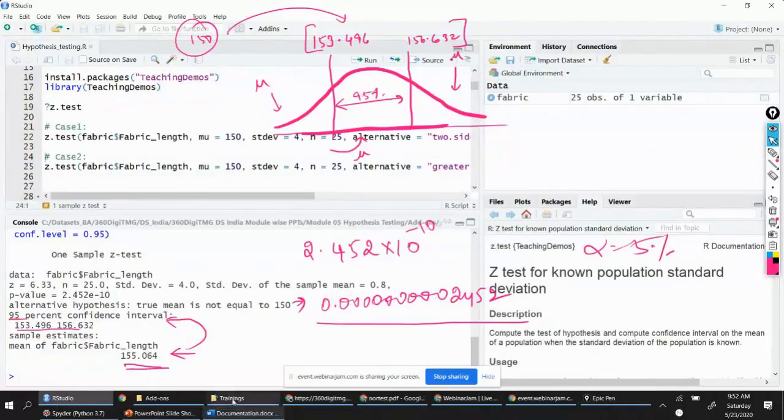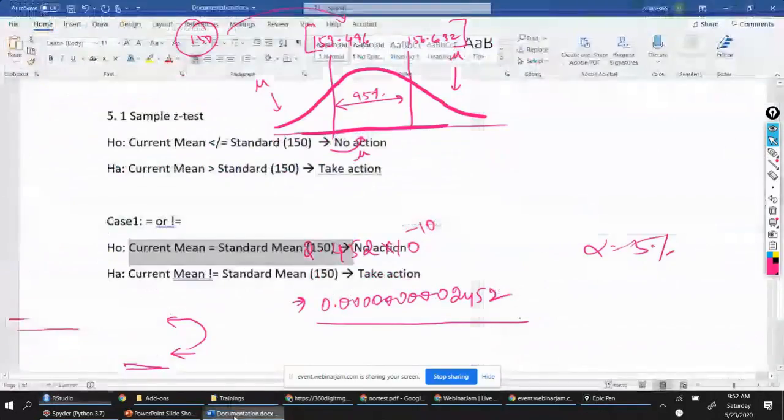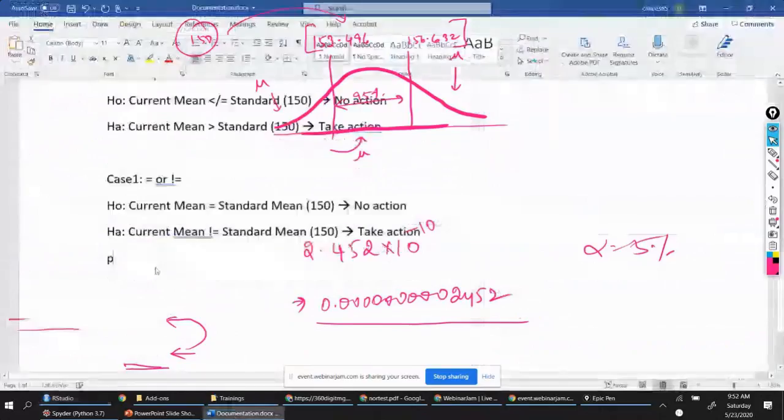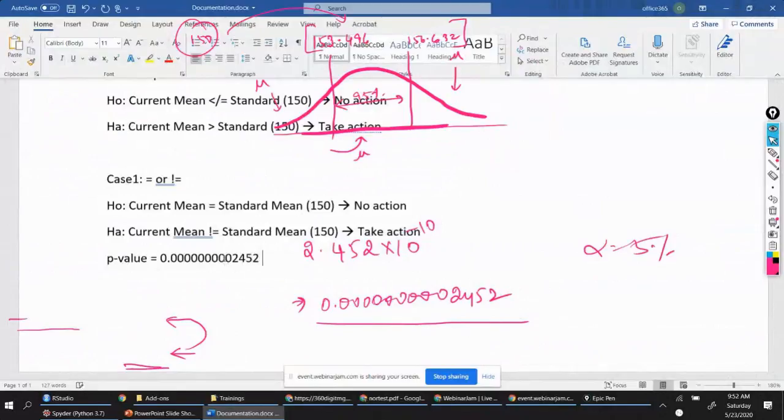So P low, null go. So if I have to go with that standard, the P value that you are getting is equal to 0.00000. How many zeros do I have? 3, 6, 7, 8, 9, 2, 4, 5, and this is less than 0.05.